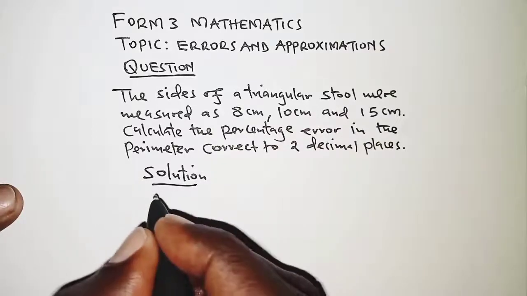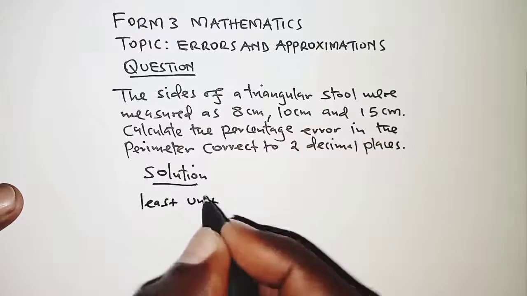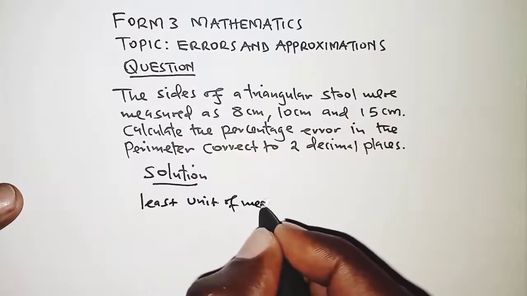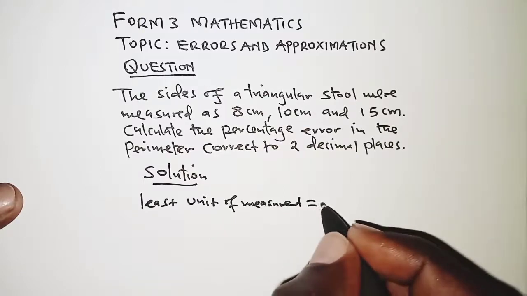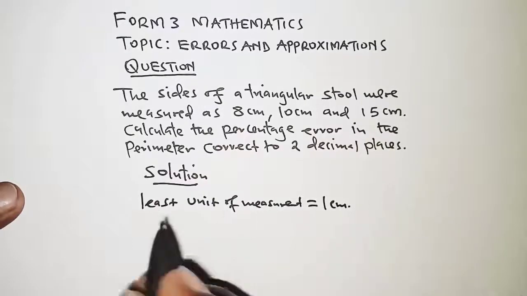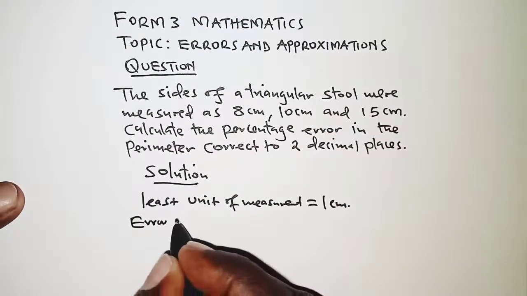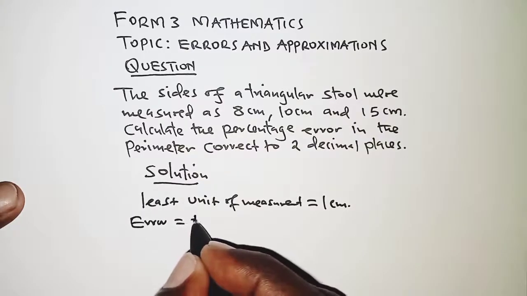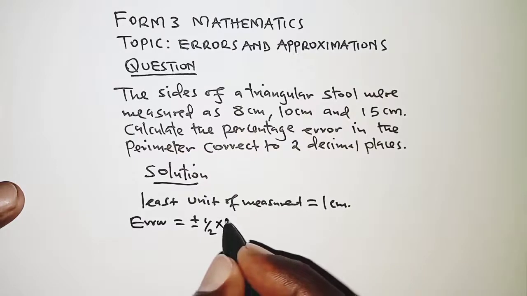So that means that the least unit of measurement is 1 centimeter. So the error in each measurement is obtained as plus or minus a half of the least unit of measurement, which is 1.